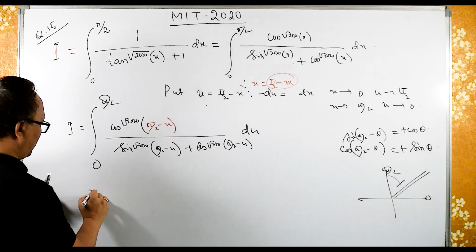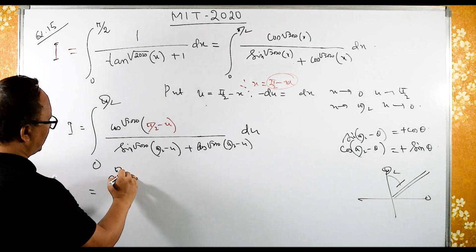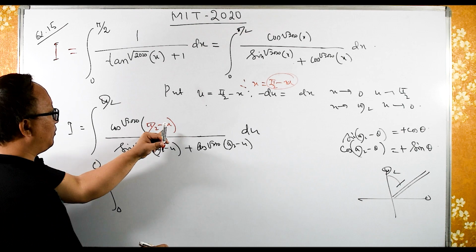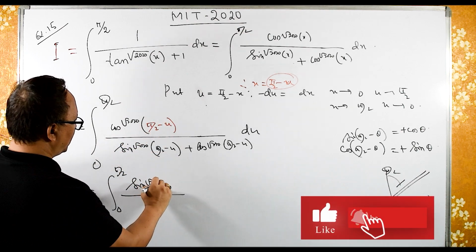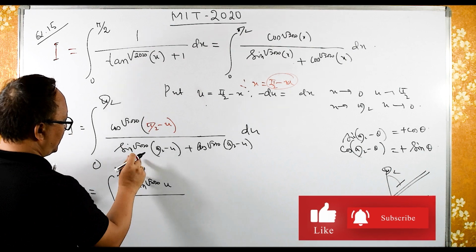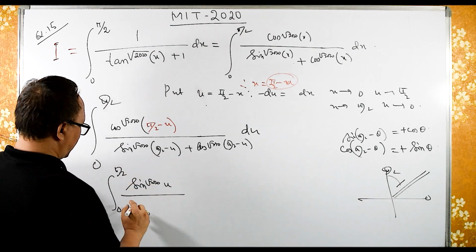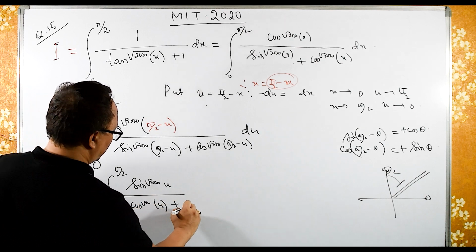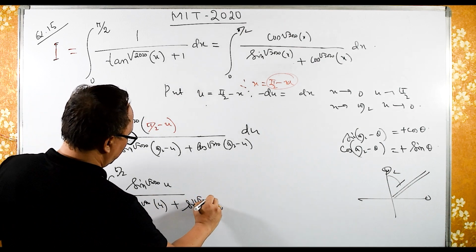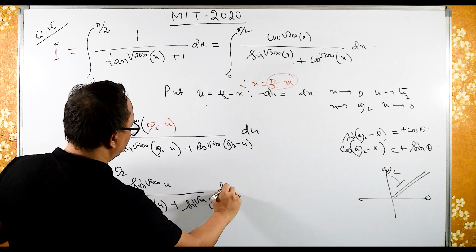So what we have is the integral from 0 to pi by 2. Cos of pi by 2 minus u becomes sine of square root of 2020 u, this becomes cos, this becomes sine, cos of 2020 u plus sine of 2020 u into du.